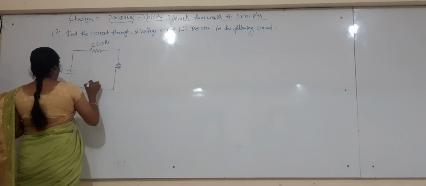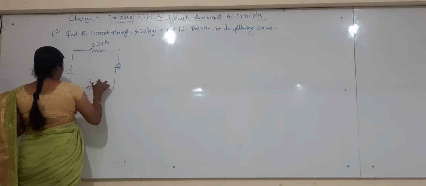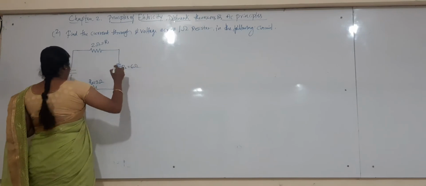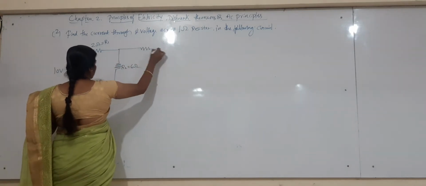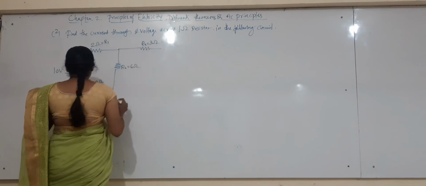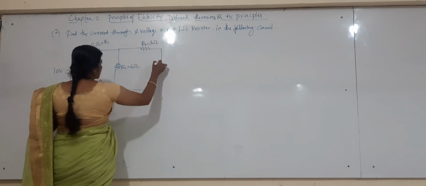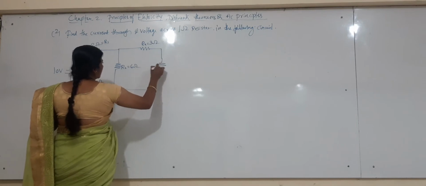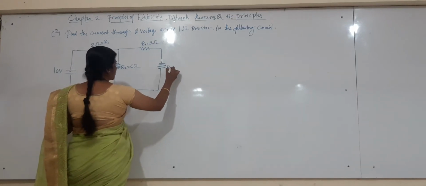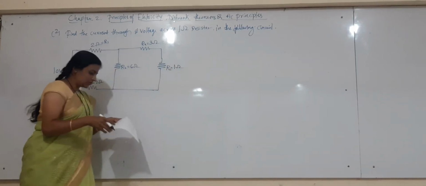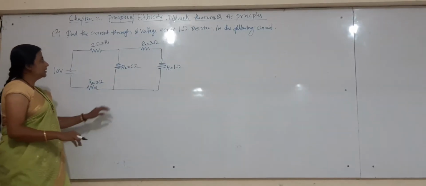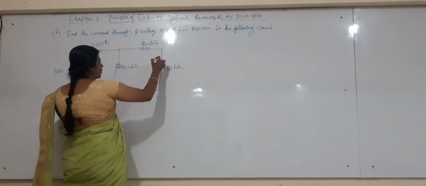R1 is 2 ohm, R3 is 2 ohm, R2 is 6 ohm, and that is connected to one more resistor, R4, that is 3 ohm. Now that is going to be connected to the load resistor RL. So this load resistor is how much? 1 ohm resistor. So this is our problem, to find the voltage drop and current flowing through RL.